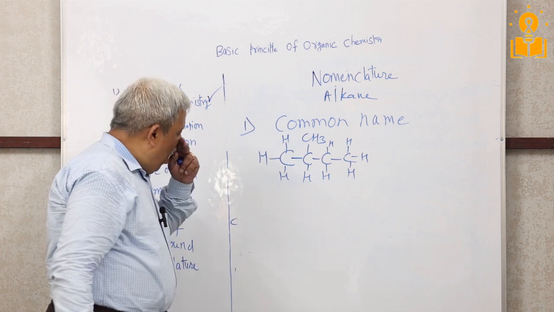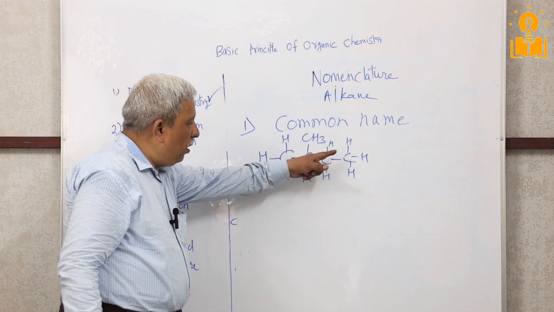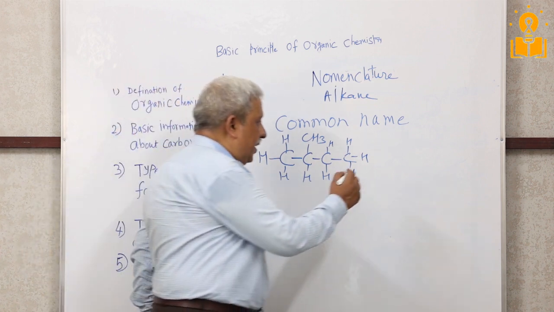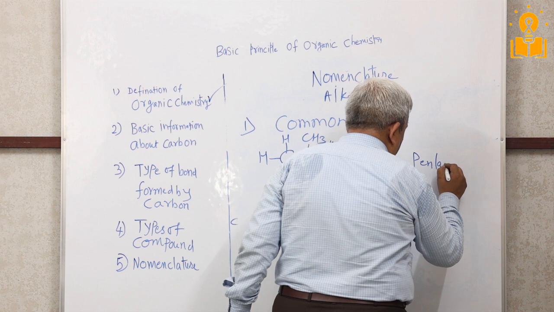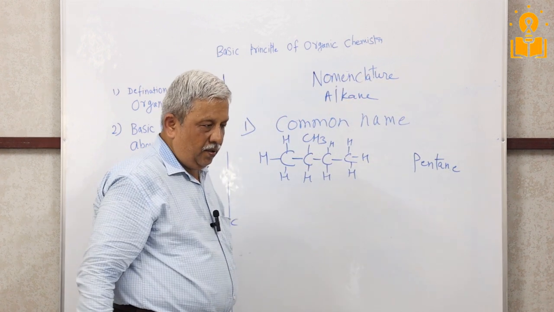For example, how many carbon atoms are there? 1, 2, 3, 4, 5. If the number of carbon atoms is 5, then it is a pentane.